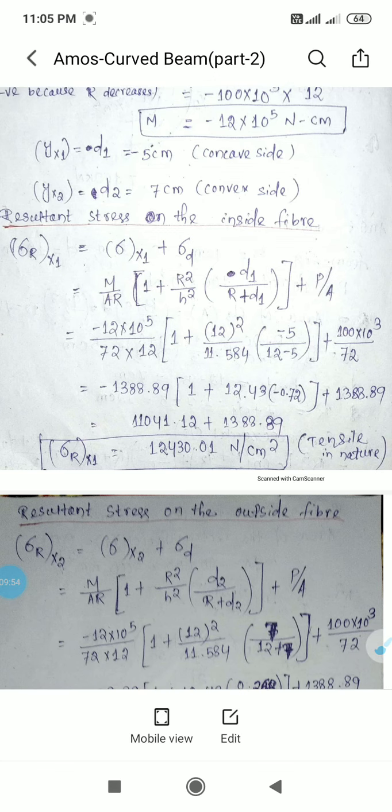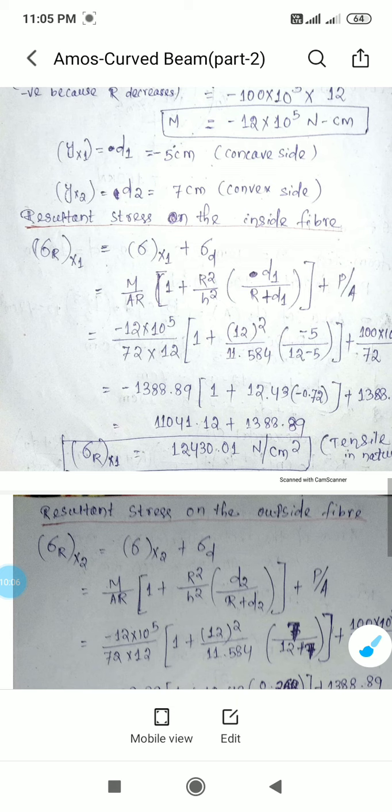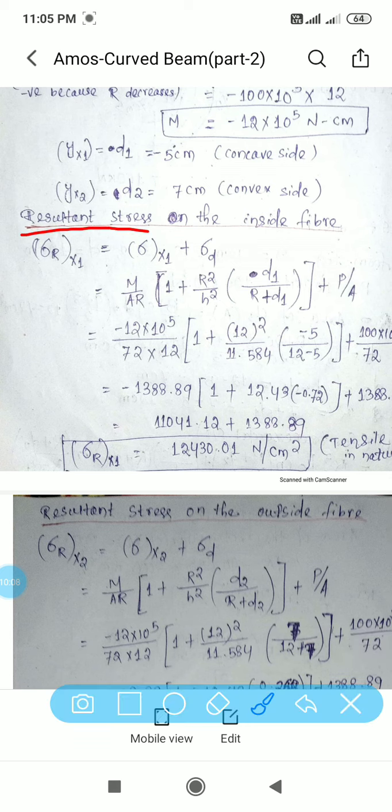Then put all parameters, that is the value of sigma x1 plus sigma d. First you have to calculate the resultant stress for the inside fiber. This one is your resultant stress formula for the inside fiber.